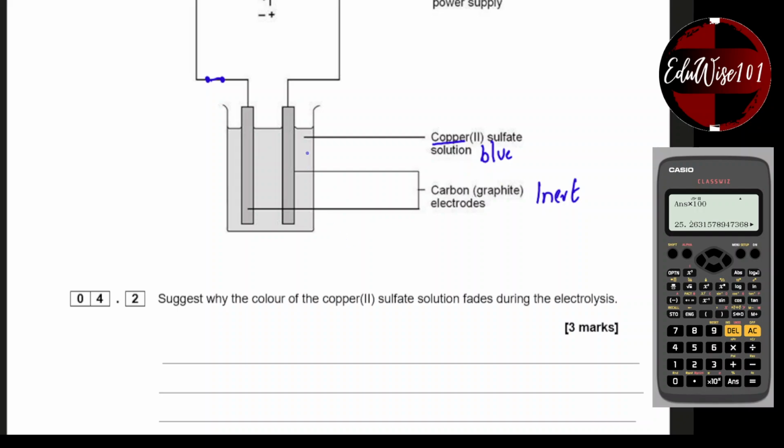During electrolysis, what you're doing is actually removing the copper from the solution and adding it to one of the electrodes, which is usually the negative electrode, because the copper ion is going to be attracted to the negative electrode because it's positively charged. So as the copper is being removed, you've got less and less of the copper 2 ion. So the blue color slowly fades away.